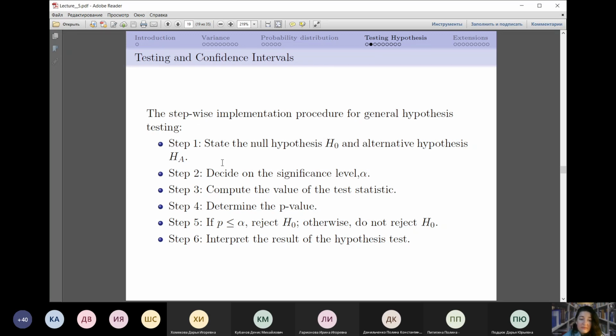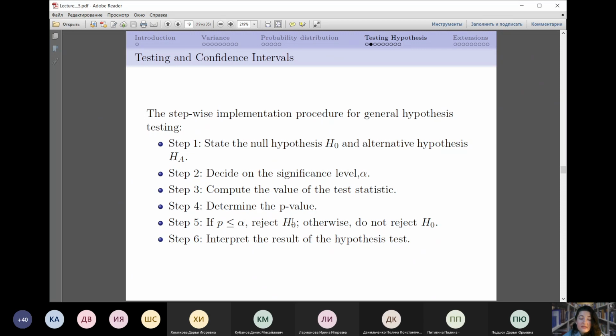We use some steps. The first step, we need to state the null hypothesis and alternative hypothesis. Then we need to choose the significance level. After this, compute the value of our test statistic and determine the p-value. Then compare this p-value with the significance level and make our conclusion about the null hypothesis and the significance of our result.